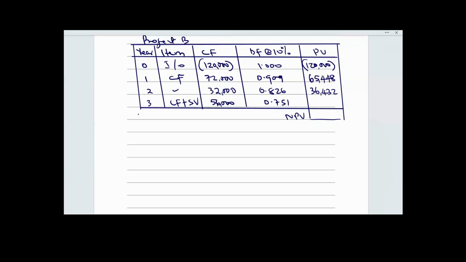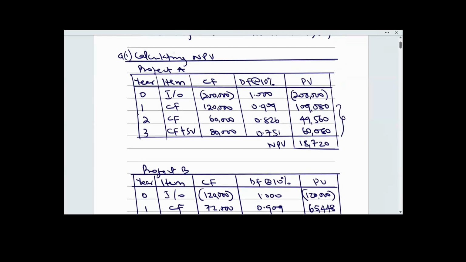Year 3: 42,056. So let's get the NPV. 42,056 plus 36,432 plus 65,448 minus 120,000 equals what do you have? 13,936. Okay, so that's our NPV. We are done with NPV.